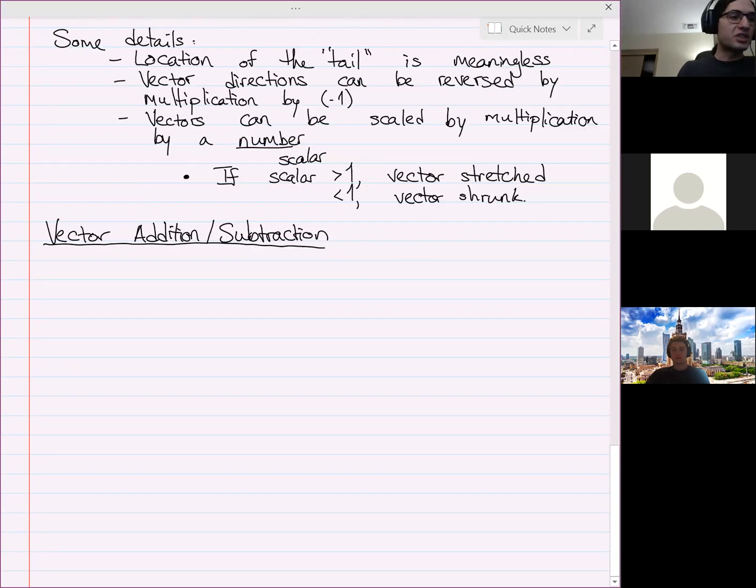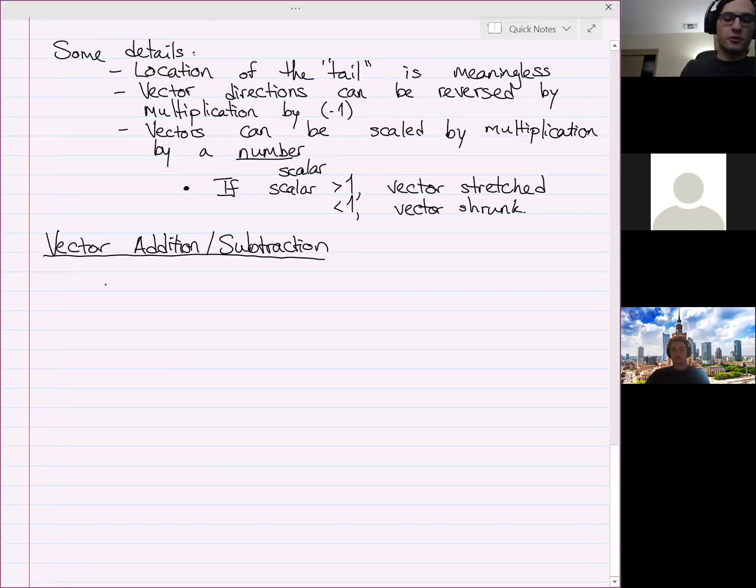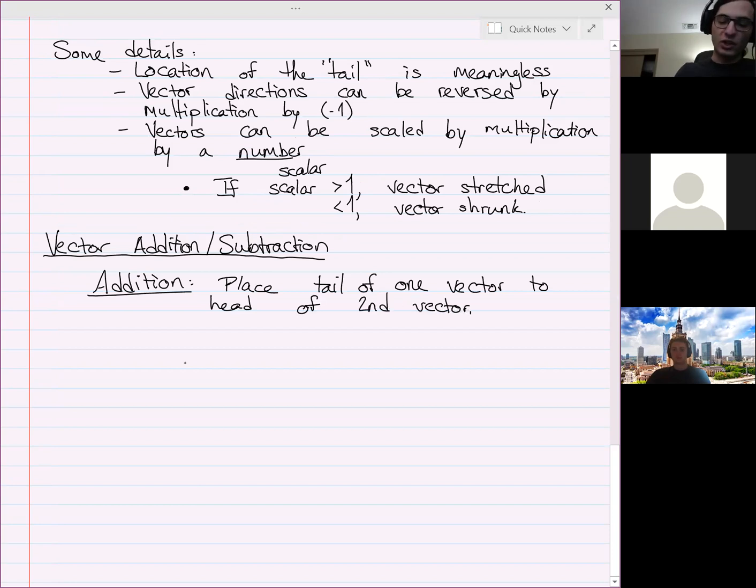So the way that we do this, at least with addition, is, at least visually, we place the tail of one vector, remember, we can move the tails around however we want, to the head of the second vector. And I'll draw what I mean. So if we have a vector like this and we want to add to it, by the way, I'm just doing this visually because we don't have symbolic language for it yet, say, this vector.